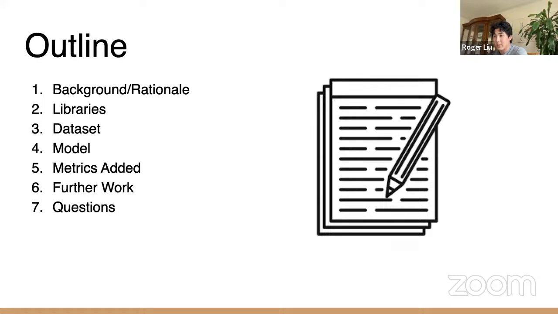Then I'll go over the tools I used to build the model. Third, we'll go over the data set. Next, the iterations of models that led me to my final version. Fifth, the metrics added in between each of the models. Then further work. And if anyone has any questions, hopefully we'll have enough time at the end for me to answer.